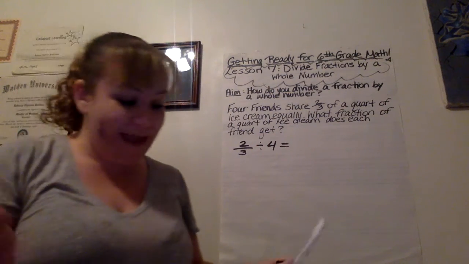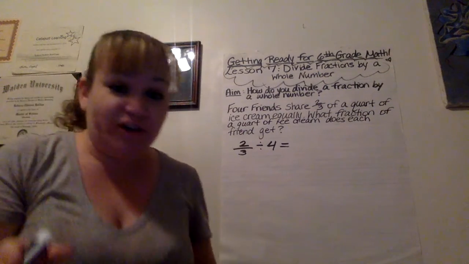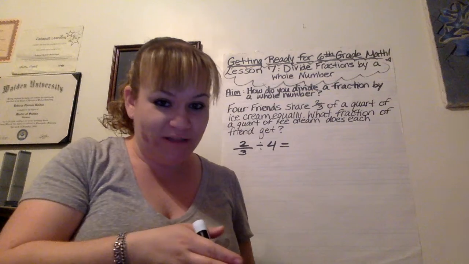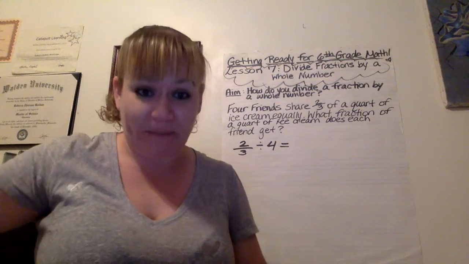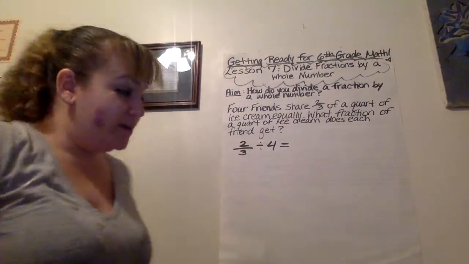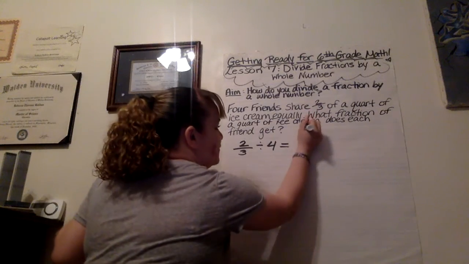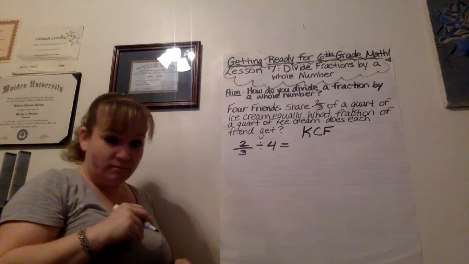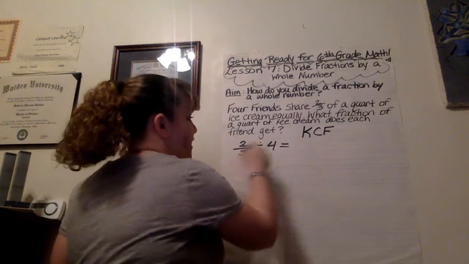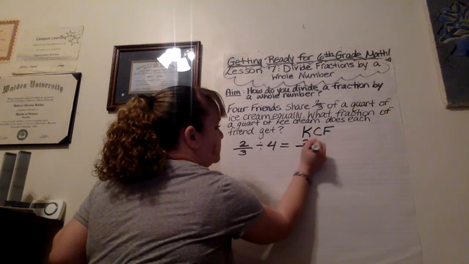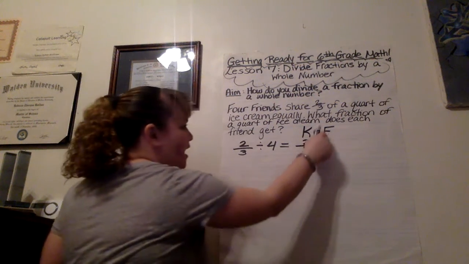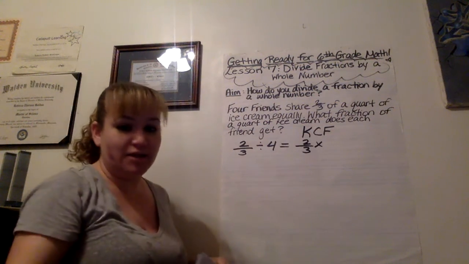Remember? Yes. So remember with dividing fractions, it was keep, change, flip. Remember that? KCF, keep, change, flip. Yes? So we're going to keep the first one, change the division to multiplication, and we're going to flip the second digit.